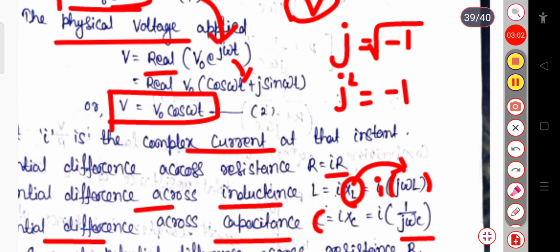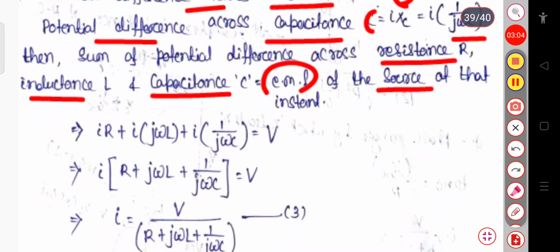So for the resistor this is IR, for the inductance this is I into j omega L, and for the capacitance the potential difference is I into 1 by j omega C, and that is equal to the EMF of the source having voltage V.